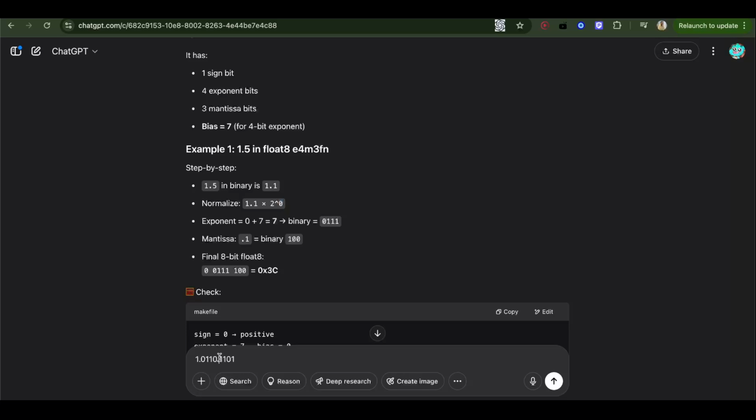If we move the dot by 4 places, then this is going to be x2 to the power of 4. But since we didn't move the dot, we already have it as 1.something, so we will multiply by 2 to the power of 0. So this is our number that we will represent in our FP8 format.